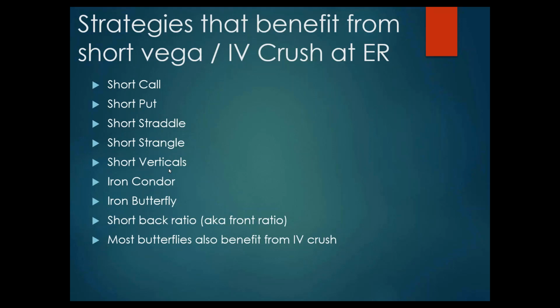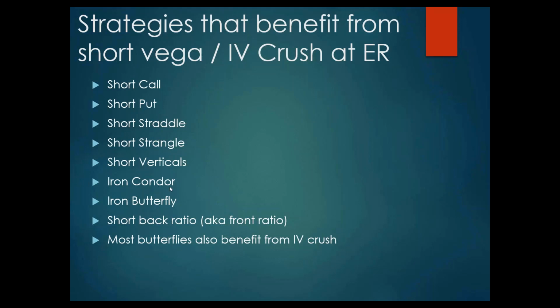Now, there's other factors. I'm going to talk more about that. These all are beneficiaries of IV crush. However, that doesn't make them all winners, because other forces are in action.